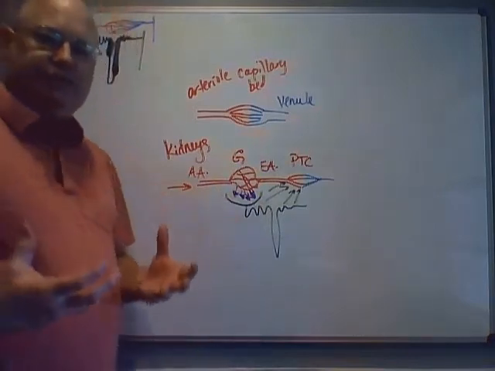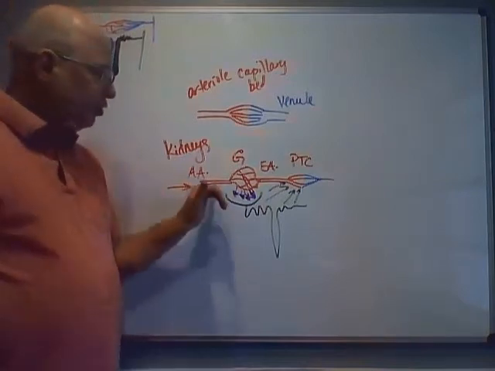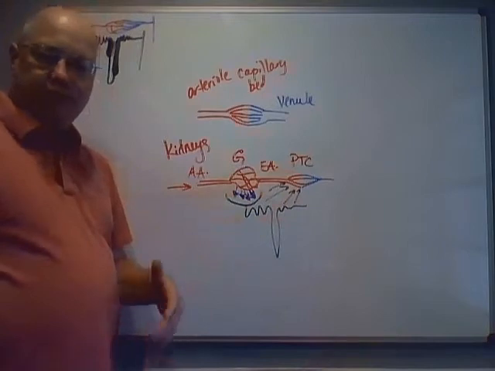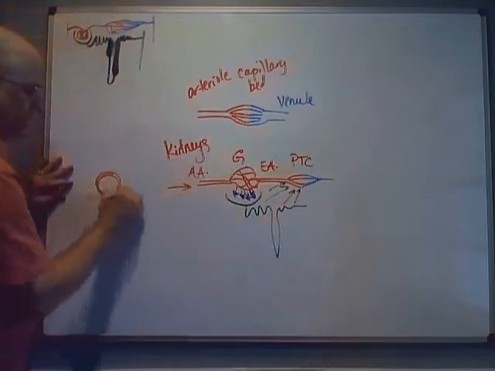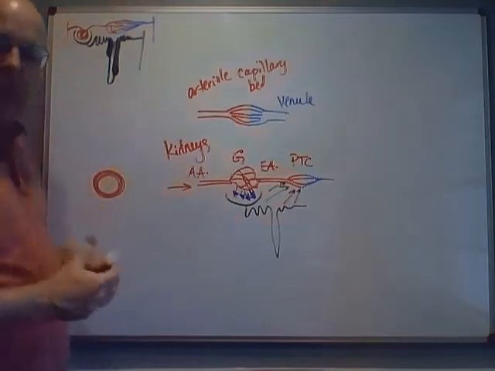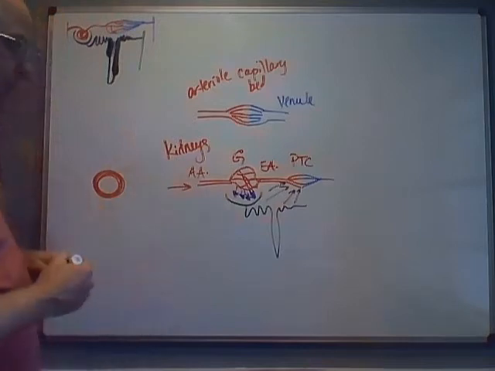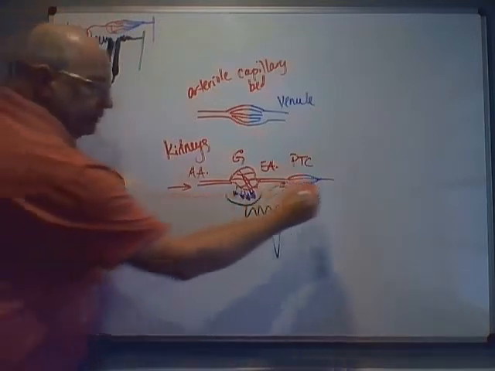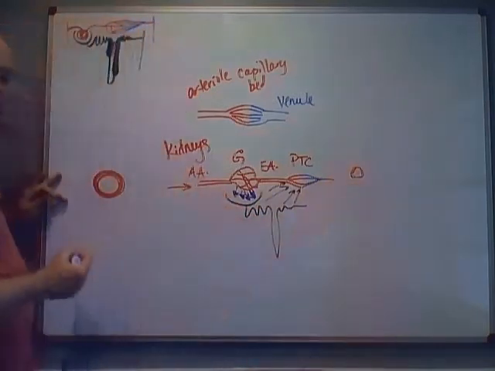When we studied blood vessels anatomically, what is the difference between an artery and a vein, or an arteriole and a venule? Well, when we looked at their walls, if you recall, arteries have a lot more smooth muscle in them, so do arterioles. And then they have the tunica externa and interna, but we're not going to focus on that. If I were to look at a vein, the venule doesn't have a whole lot of musculature, hardly any at all.